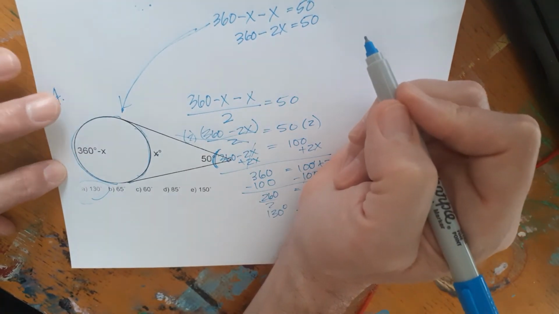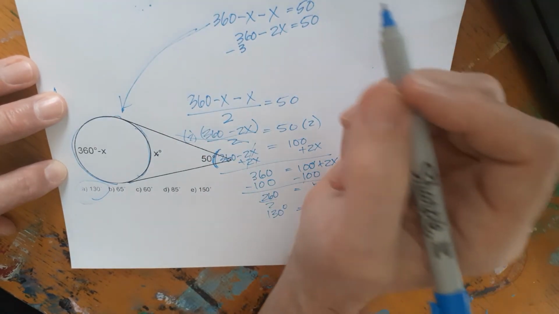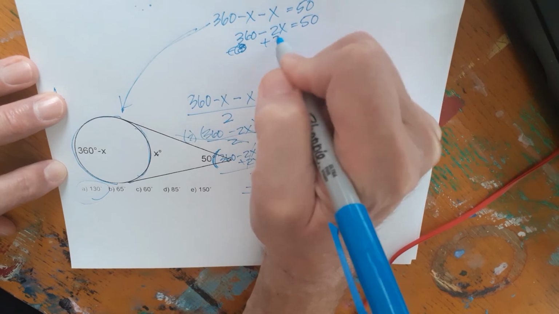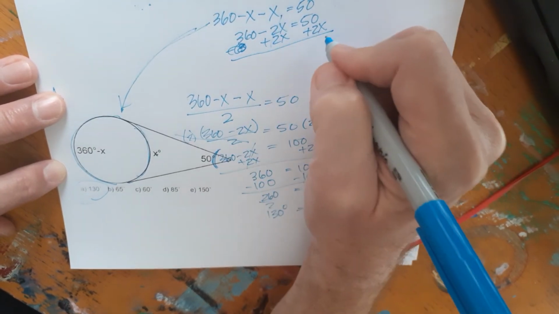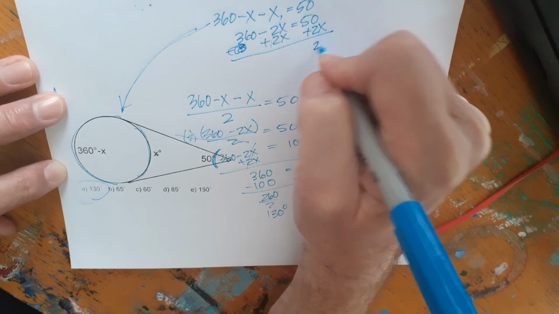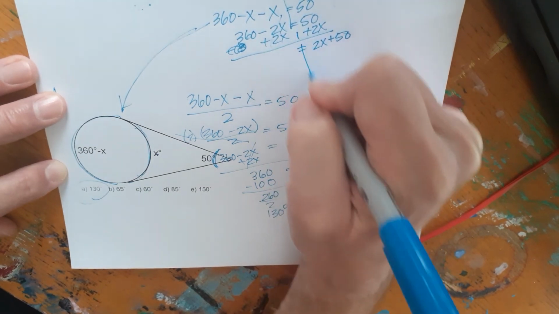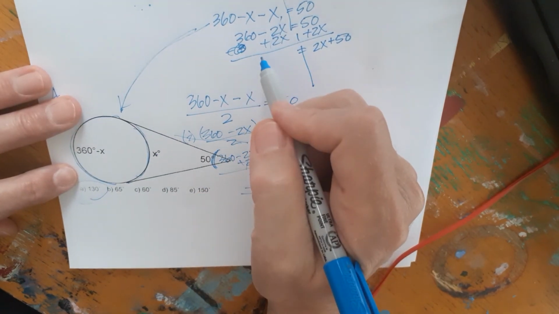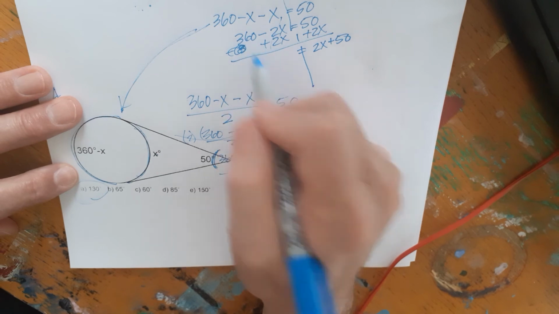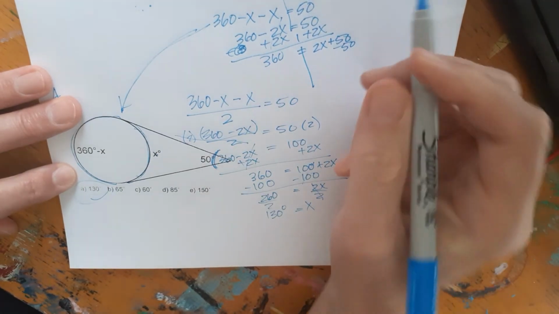Now this one, let's do some equation solving. Let's add 2x to both sides, just to keep the x's positive. Now we have 2x plus 50 on this side, still 360 on the other. Let's subtract 50 from both sides.